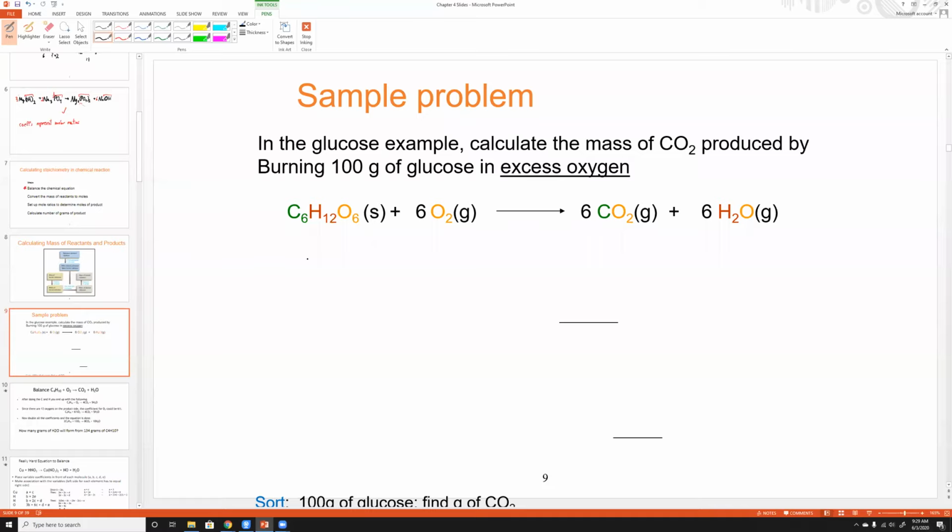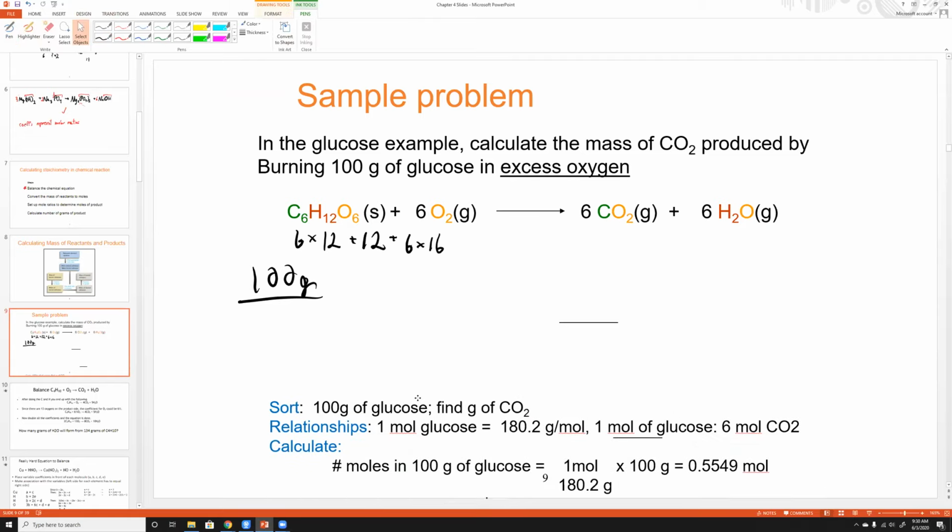Next, let's see how many moles of whatever we're given we have. So 100 grams of glucose. So 100 grams divided by the molar mass of glucose. Let's figure that out. So it's 6 times 12 for the carbons, and this is approximate, plus 12 times 1 for the hydrogens, plus 6 times 16 for oxygen. So the molar mass is, I'm too lazy to do the math, the molar mass is 180.